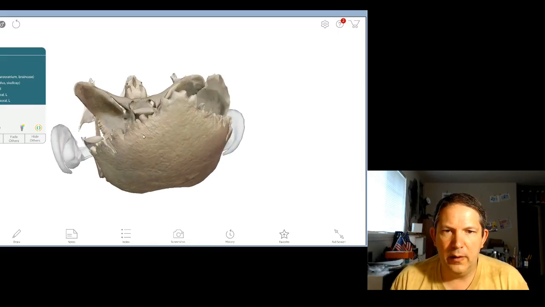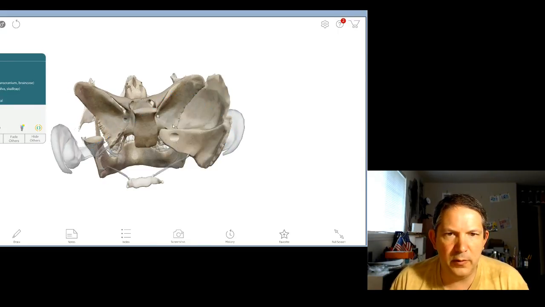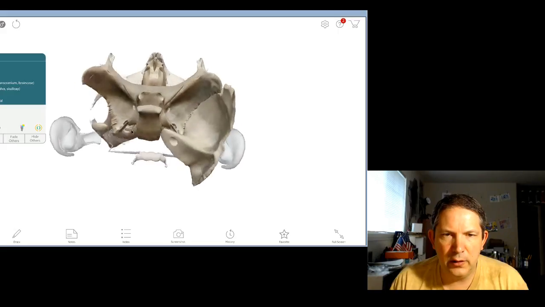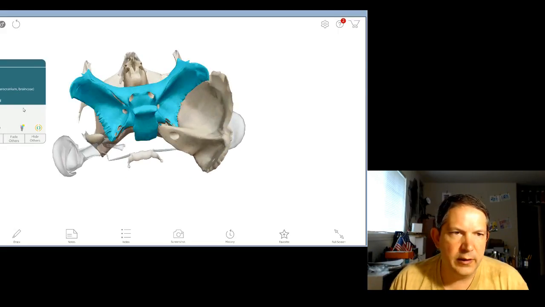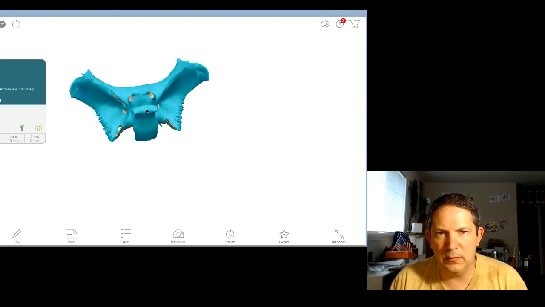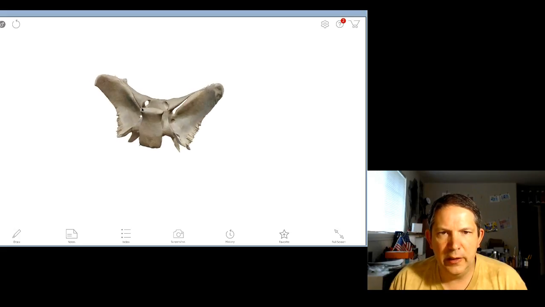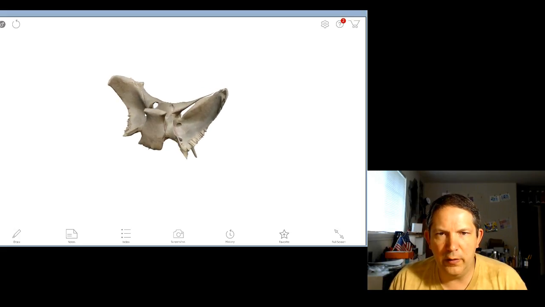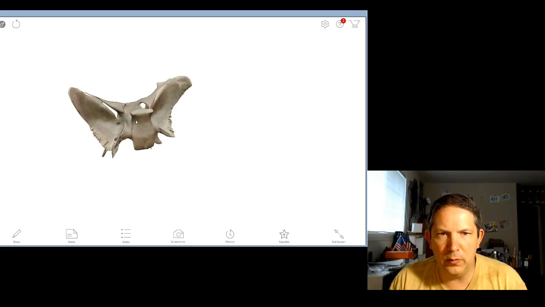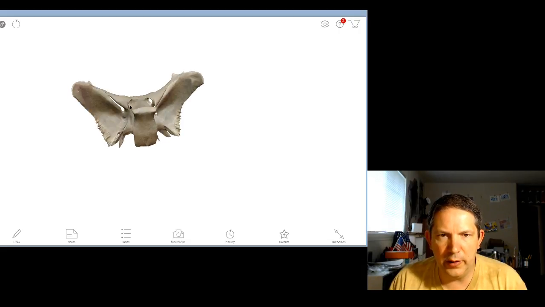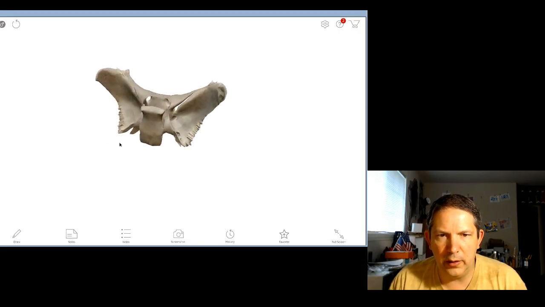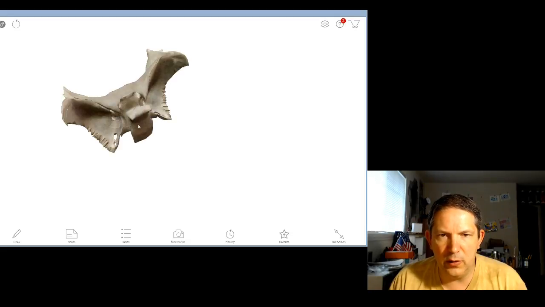I'm going to hide the occipital bone here, and let's highlight this and hide everything else for a moment. You can see that there's an opening, a foramen, and another opening, and more openings.